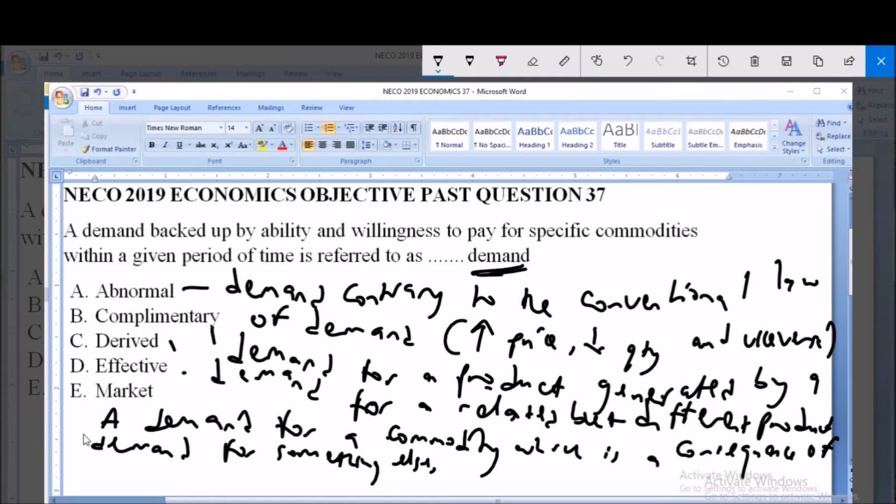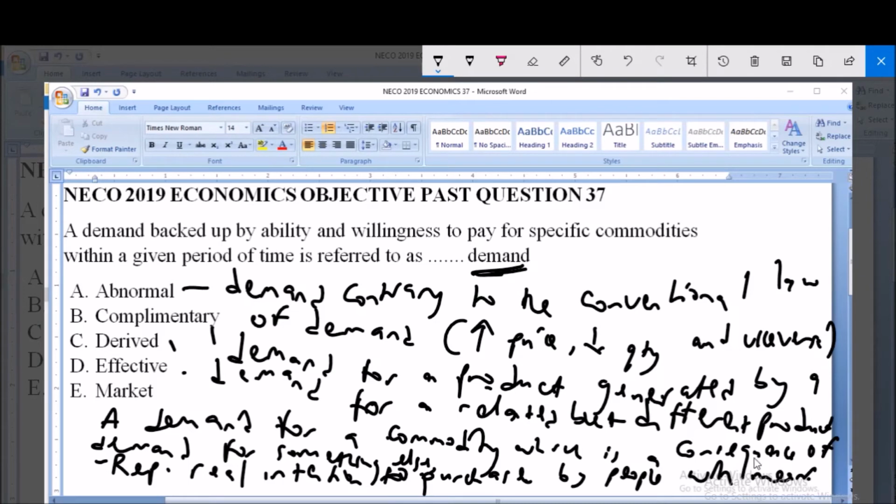Then option D, effective demand, is a level of demand that represents real intention to purchase by people with means to pay. So that is effective demand.